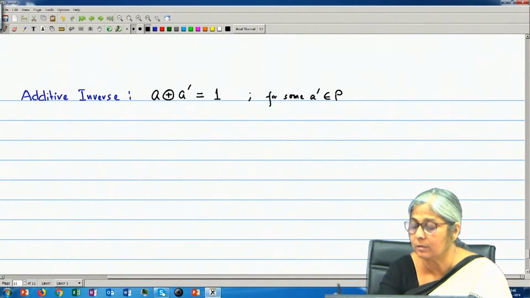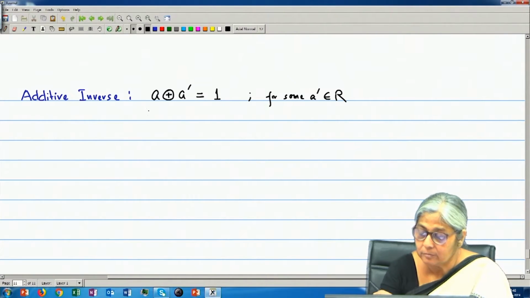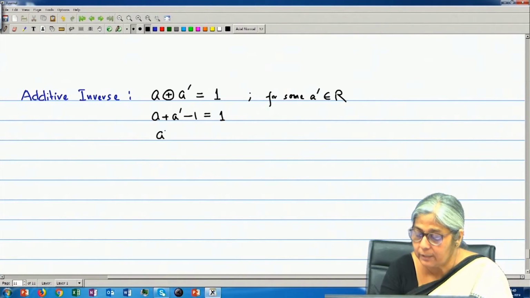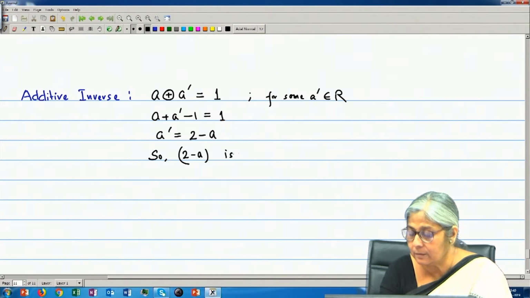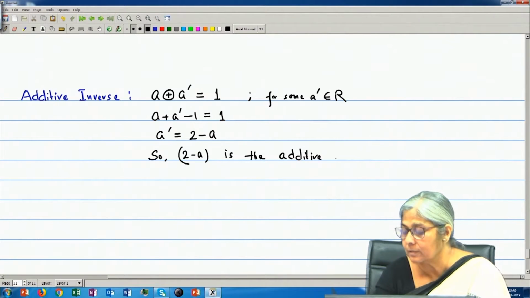For some A dash belonging to R, here A plus A dash minus 1 equals 1. So, A dash equals 2 minus A. So, 2 minus A is the additive inverse.